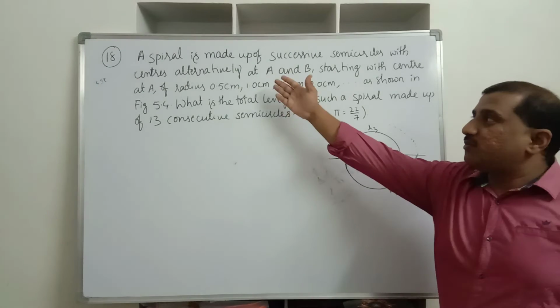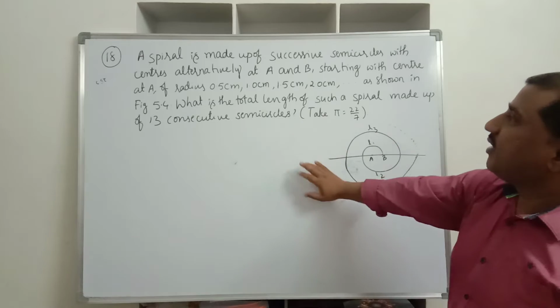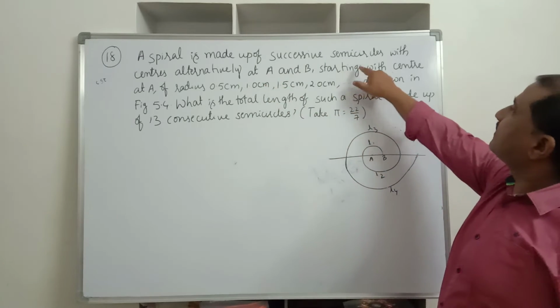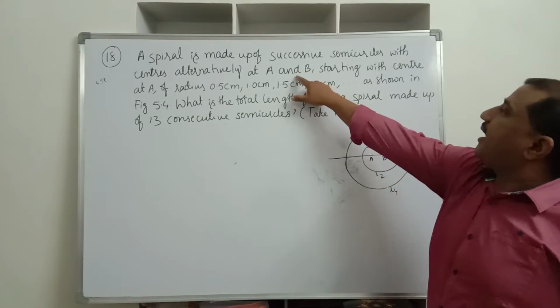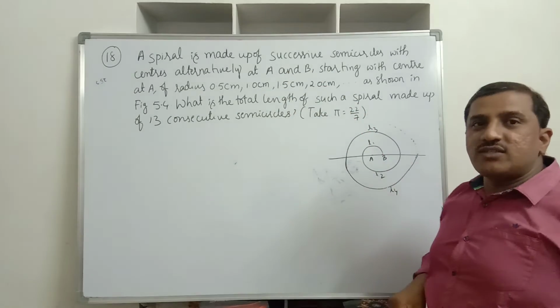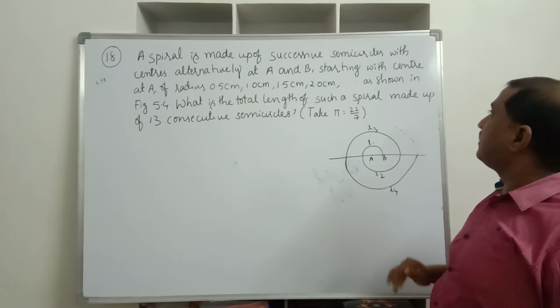Now we will discuss one more sum, that is the 18th sum. A spiral is made up of successive semicircles with centers alternately at A and B. Here A and B represent the centers of the semicircles.